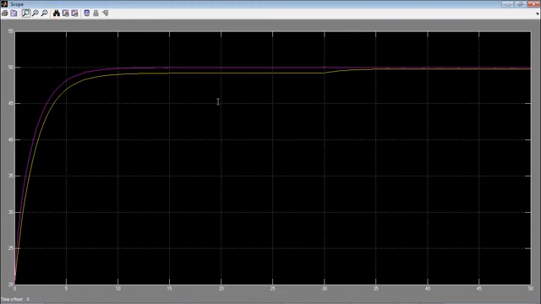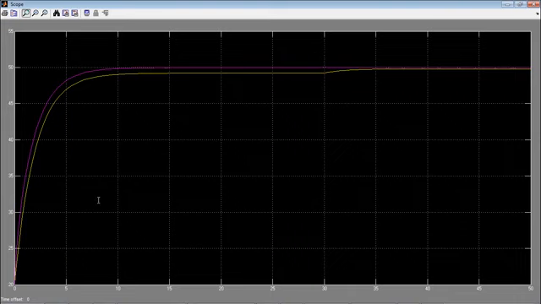As we can see, just like before, the uncontrolled system can't reach the value of 50, and here we have a perturbation, but this time a positive perturbation which is not felt by the control system.